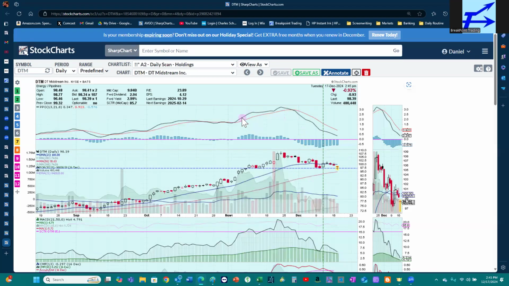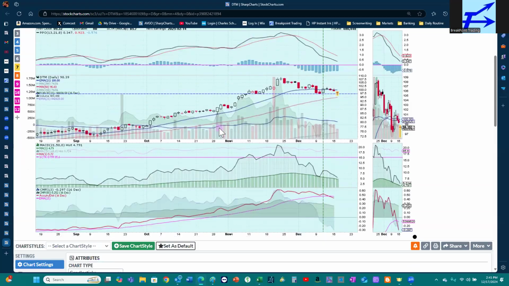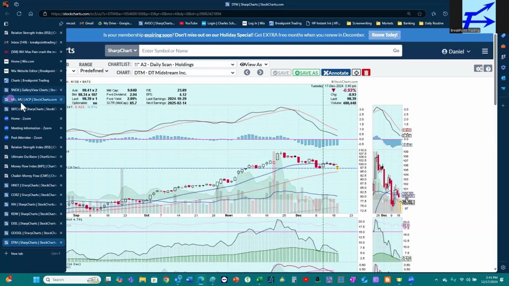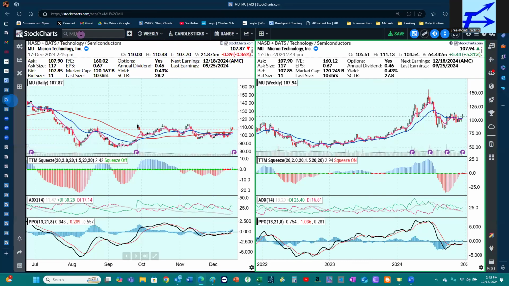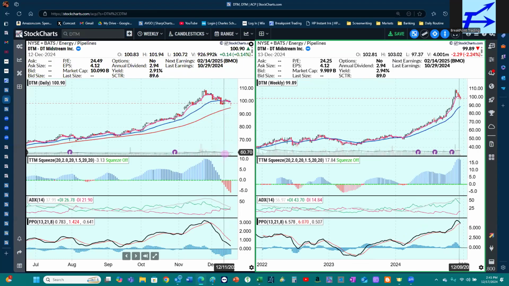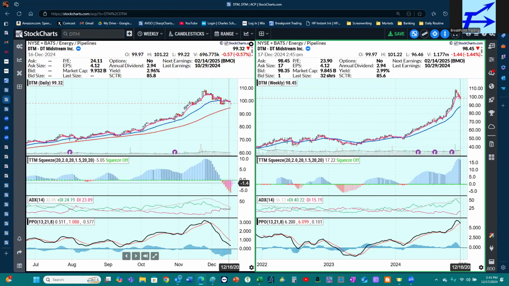We're out of it. So I did not use the squeeze in order to buy this one, by the way. Just out of curiosity, this is my squeeze chart. So you can see right here, it did not have a squeeze. These are all green dots across here.